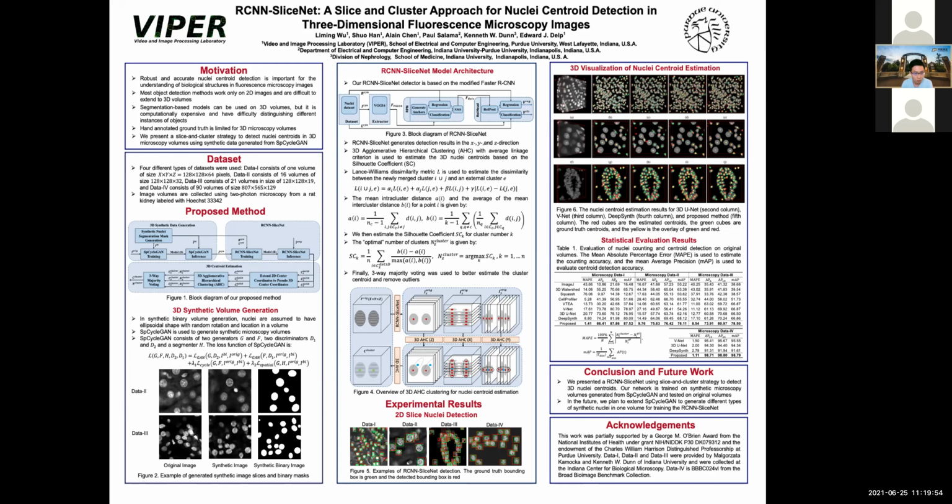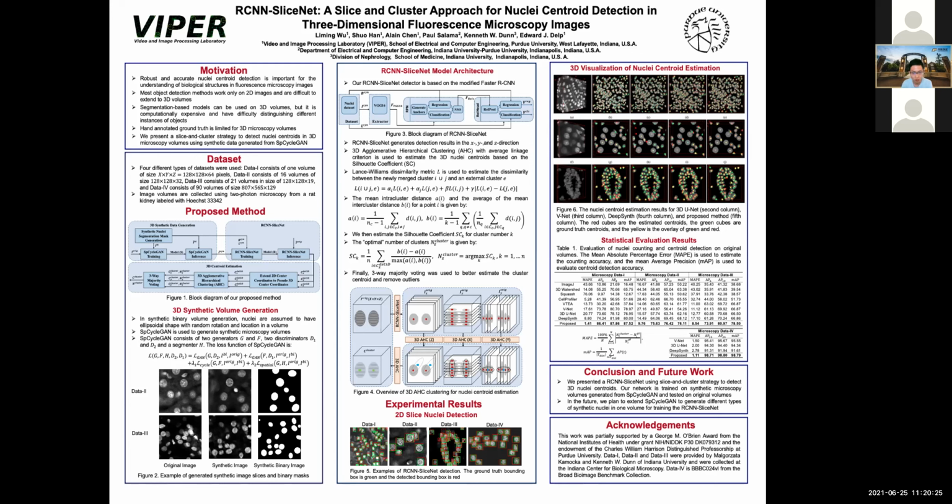Along with the original microscopy volumes, we can train SP cyclogram. And for the trained SP cyclogram, we run inference on some other new binary volumes to generate synthetic microscopy volumes, which look like the original ones. Then we train our RNN-SliceNet detector to detect these nuclei from different directions.